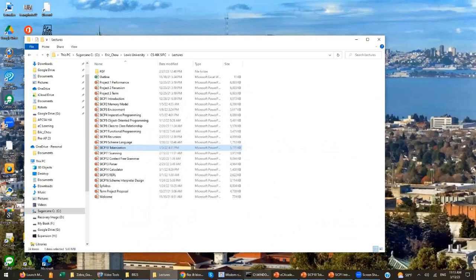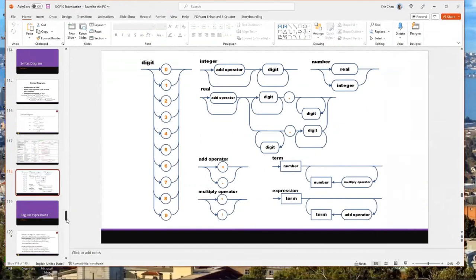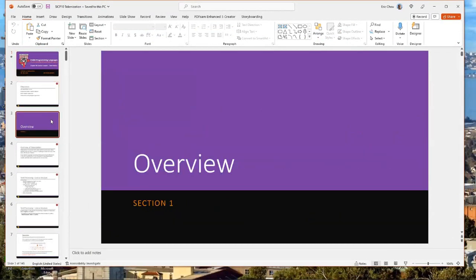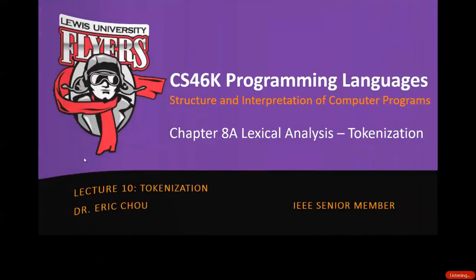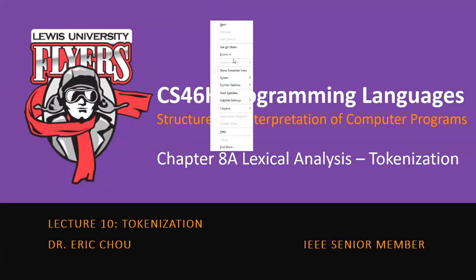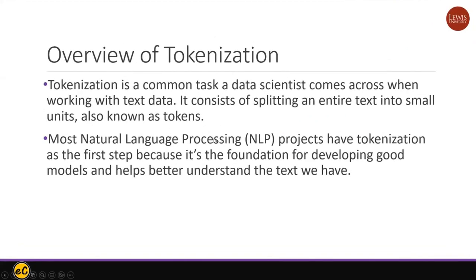So, going back to lecture 10, our lecture 10 is really on tokenization, the stage 1 scanner: how you convert characters to words.